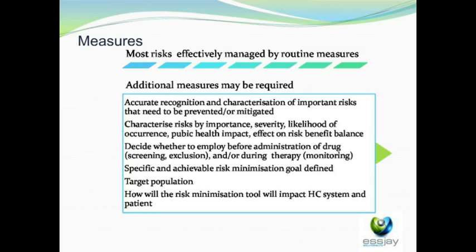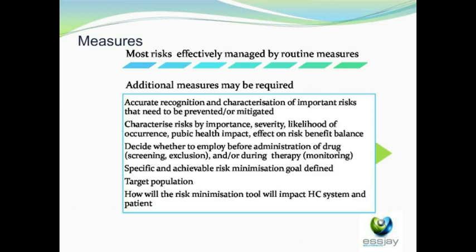So now if we look at the types of measures, I think it is really important to point out that most risks are effectively managed by routine measures, and only a few do require additional risk minimization activities.